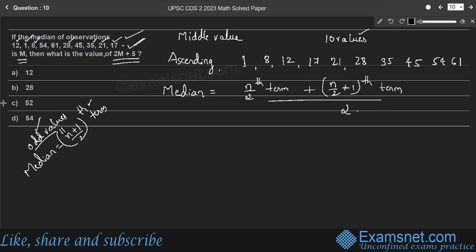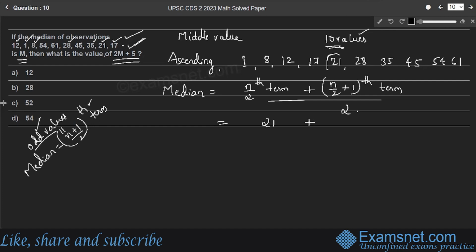In the given observations, there are an even number of values, 10 values. Therefore, the formula is n by 2 term plus n by 2 plus 1th term by 2, right? Here, n by 2 is 10 by 2, the 5th term, which is 21.